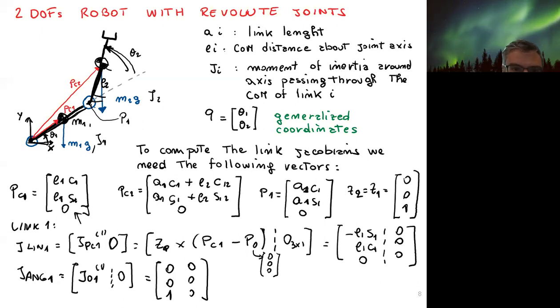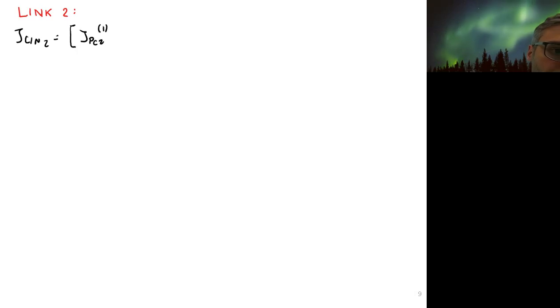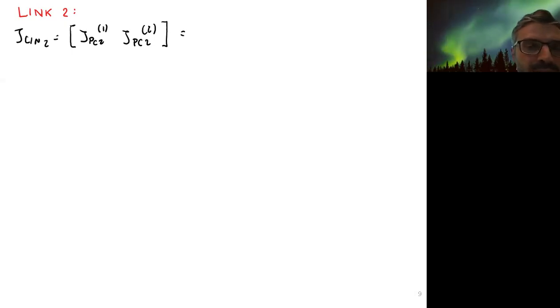Then for link 2, we do the same thing. J linear of link 2, J_PC2, the center of mass of link 2. We want to compute the Jacobian that links the joint velocities of joint 1 and joint 2 to the velocity of the center of mass of link 2.